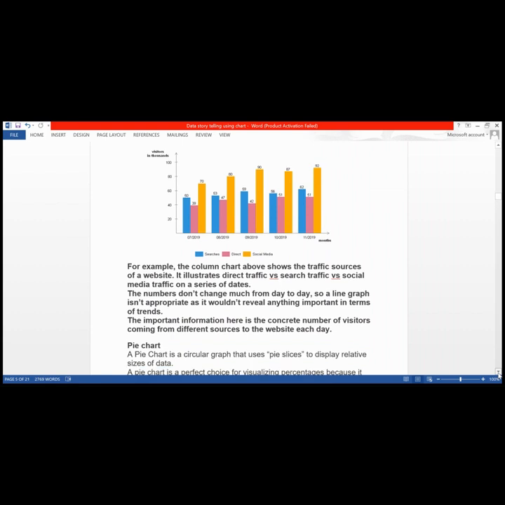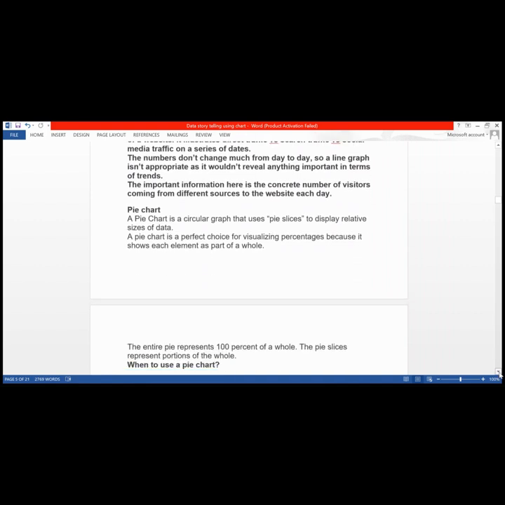Another one we have is the pie chart. A pie chart is a circular graph that uses pie slices to display relative sizes of data. A pie chart is a perfect choice for visualizing percentages because it shows each element as part of a whole.